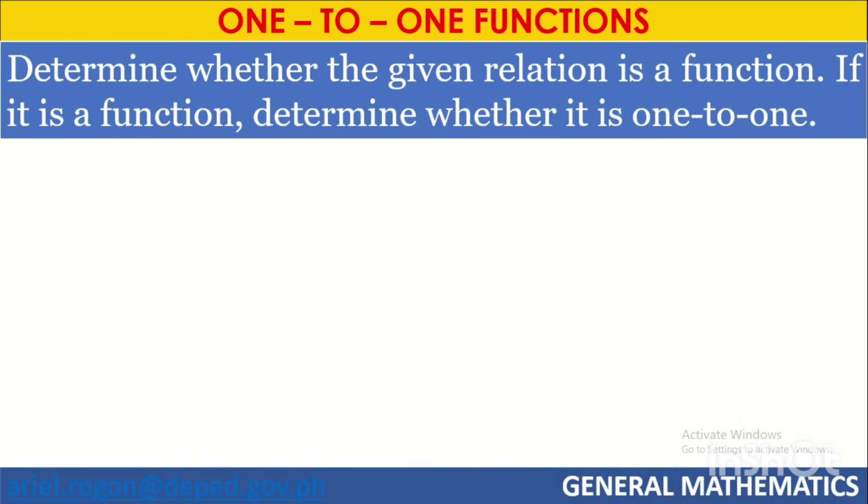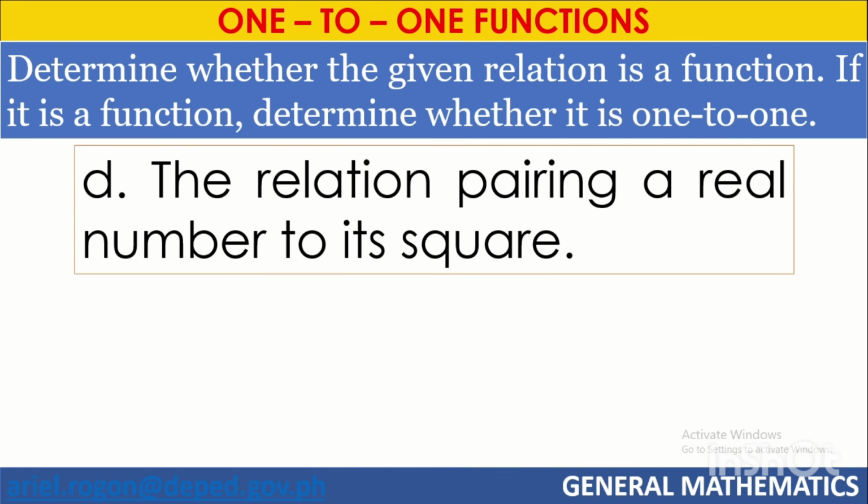Okay, next. The relation pairing a real number to each square. Okay, for example, yung 4. So, ang 4 na yan, pwedeng maging input mo 2 squared. Meron pa bang iba na maging input mo na ang sagot is 4?